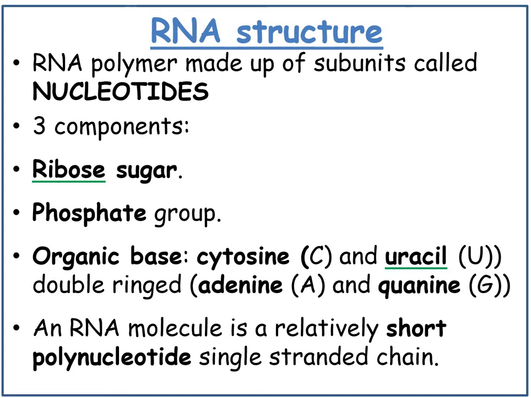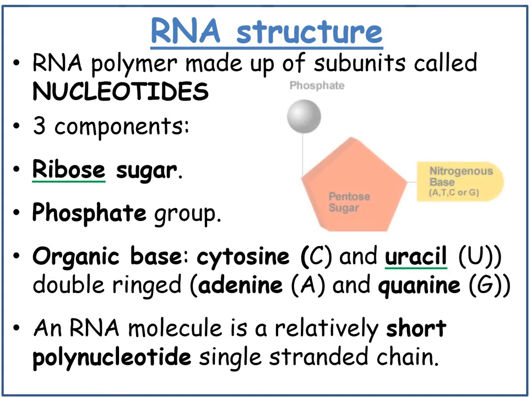Okay, now looking at the RNA structure, the mononucleotide is made up of, instead of deoxyribose sugar, a ribose sugar. So in RNA, the sugar is ribose.